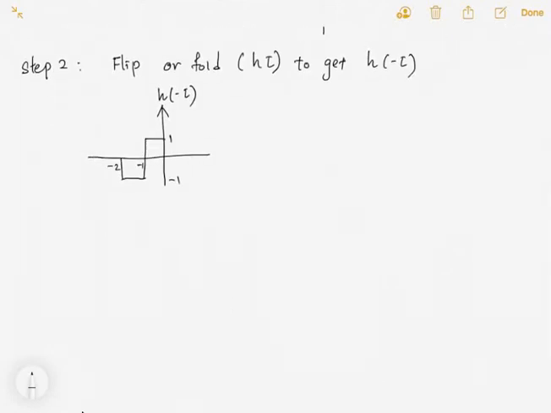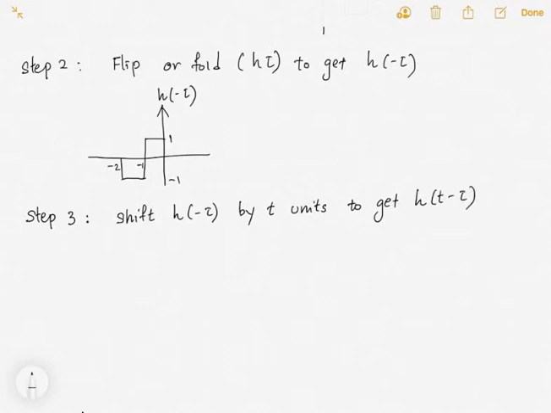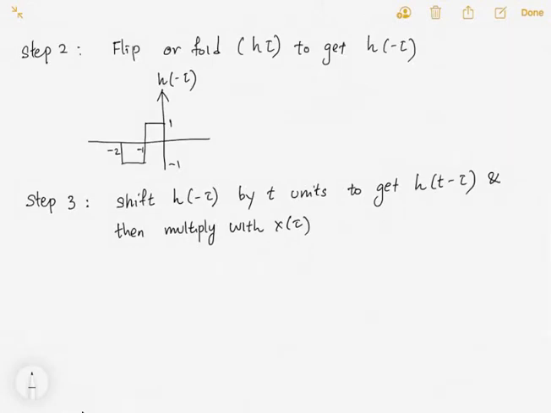And step number 3 is shift the h(negative tau) by t units to get h(t minus tau), then multiply with x(tau). What does that mean here?